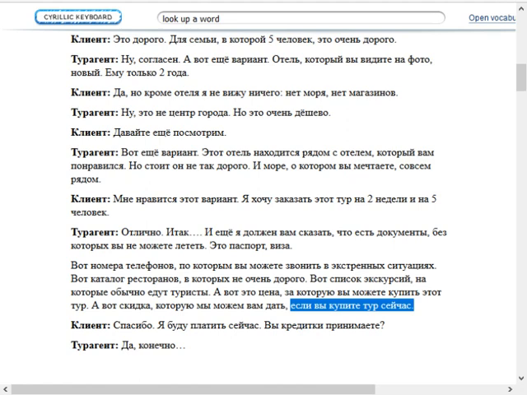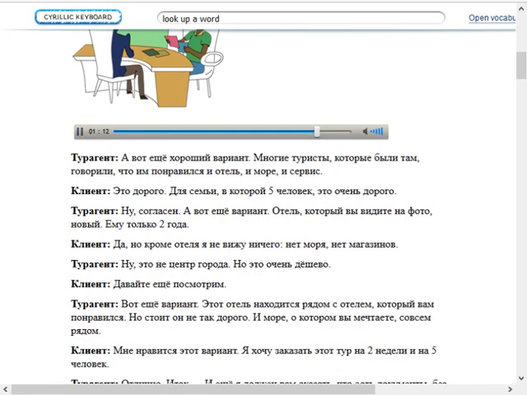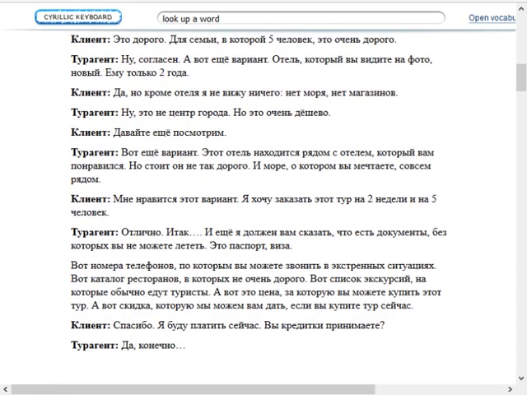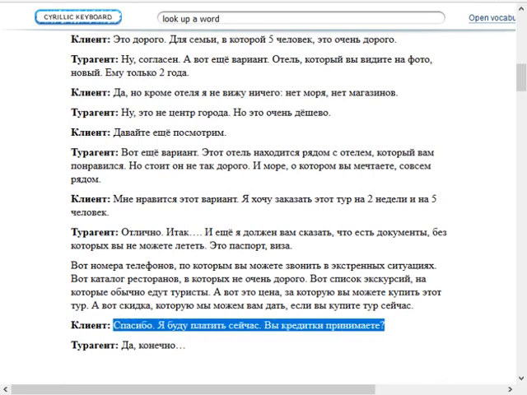They are offering the discount, so it's the direct object, and therefore it's in the accusative case. Okay, and what does the client say? Спасибо, я буду платить сейчас. Вы кредитки принимаете? Да, конечно.